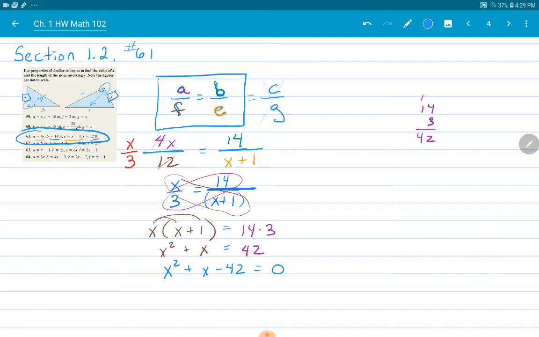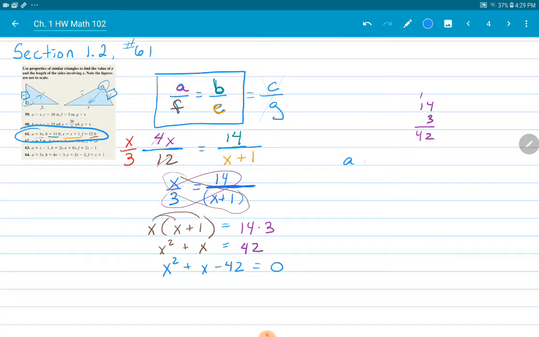Now I have a quadratic, and to factor this, it's in the form ax squared plus bx plus c. I need to find the two numbers that will multiply to negative 42 and add to 1. That's the c and the b.